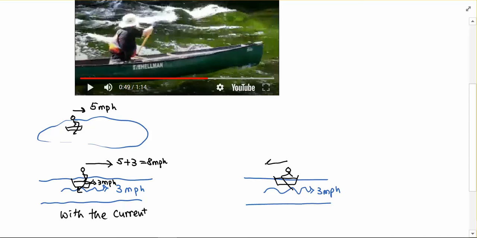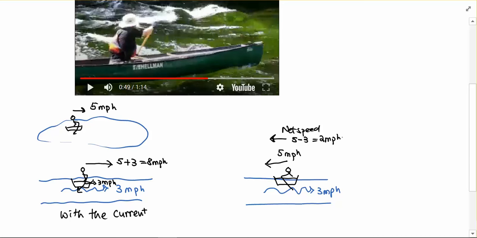This person can row in this direction at 5 miles per hour, but the river is pushing him or her in the other direction at 3 miles per hour. So the net speed, meaning the combined speed, is 5 minus 3, or 2 miles per hour.